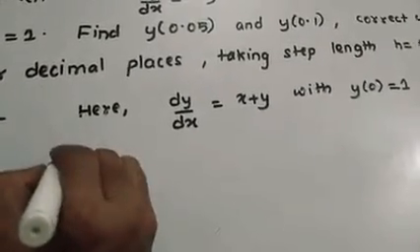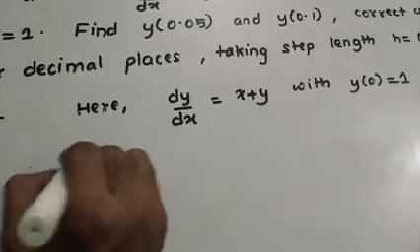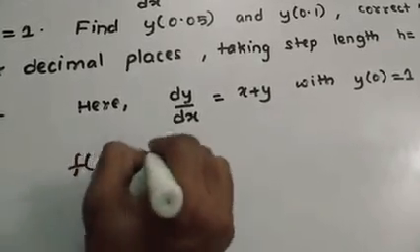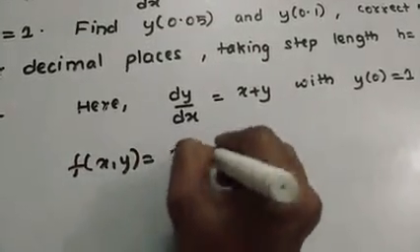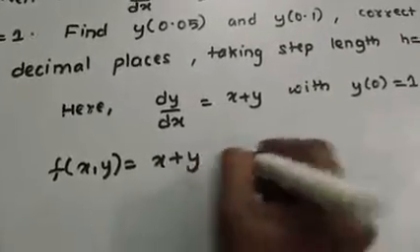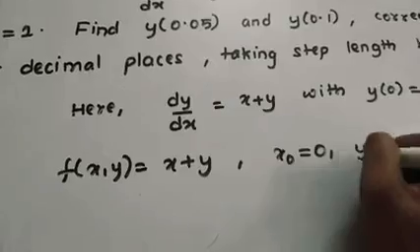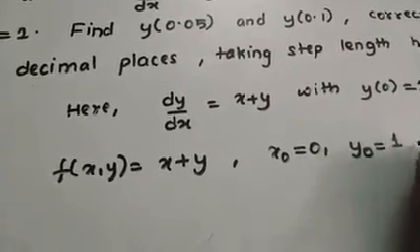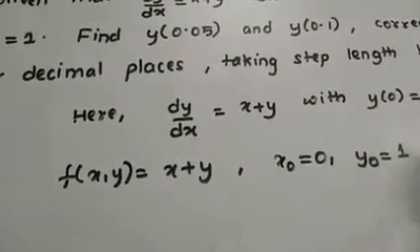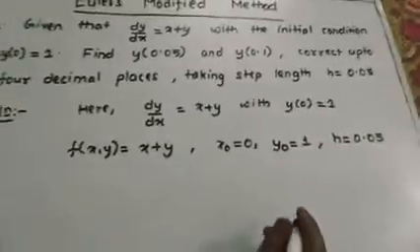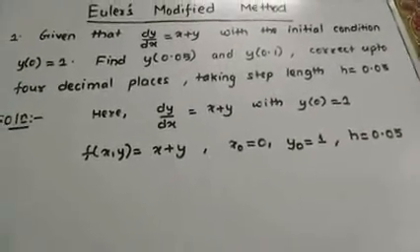That means f of x, y is x plus y. x0, the initial point, is given as 0, y0, the initial point, is given as 1, and h, the step length, is 0.05. So these are the information given in the question.